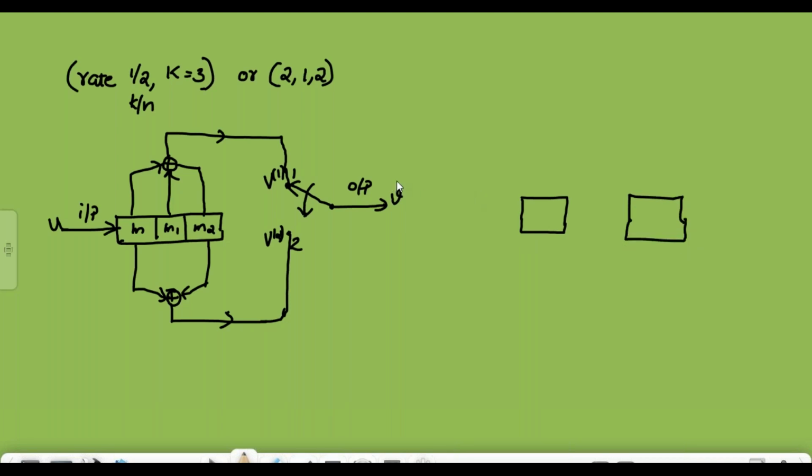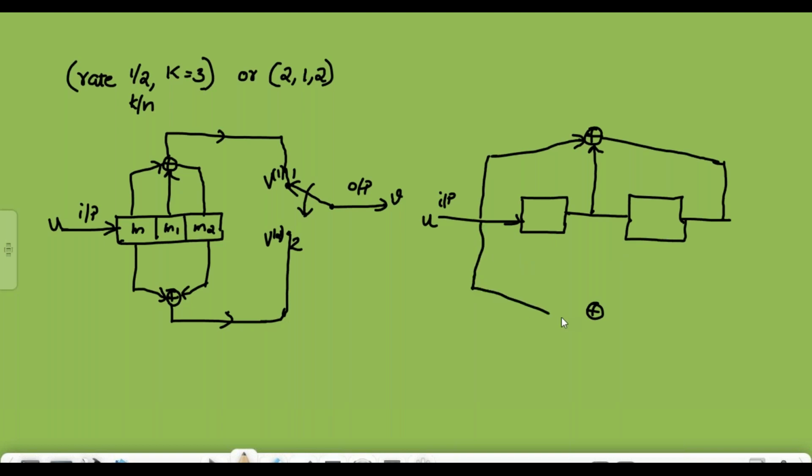Here the input, we can take it as U. Then here two memory elements, two outputs, therefore two adder elements, and the connection to that is like this.